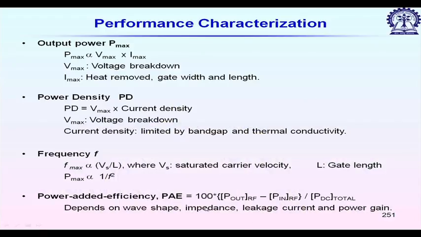Now, how much power it will absorb from the DC source, or what would be the efficiency of the device, we call it the power added efficiency, and it is defined as 100 multiplied by output RF power minus input RF power divided by PDC, the total DC power it consumes.